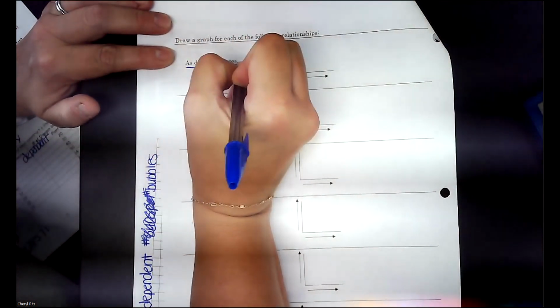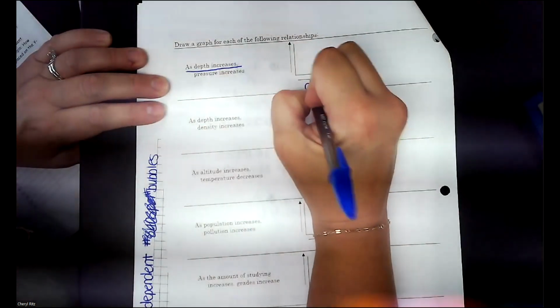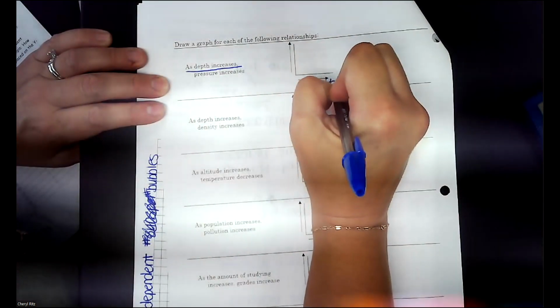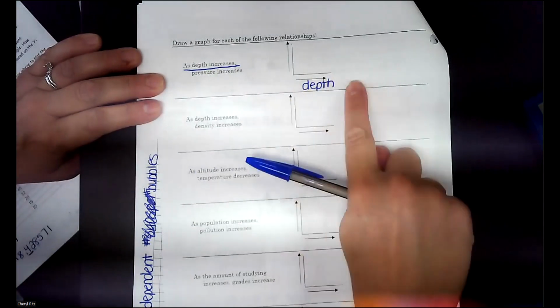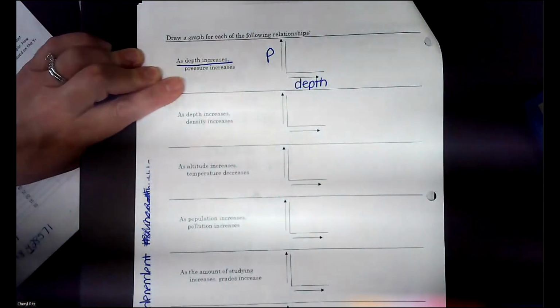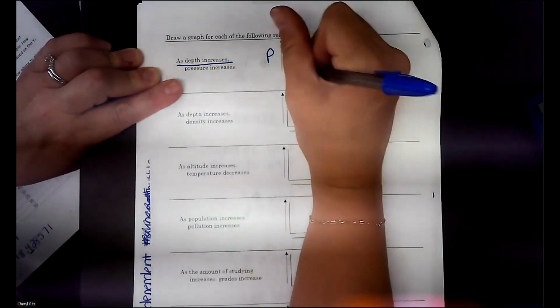What comes first is always the x-axis, and then the y, and then the line. So on here, we have two labels. As depth increases, so we do have to put depth here. The x-axis is always increasing, and then we put pressure on the y, and then we draw a line for increase or decrease.